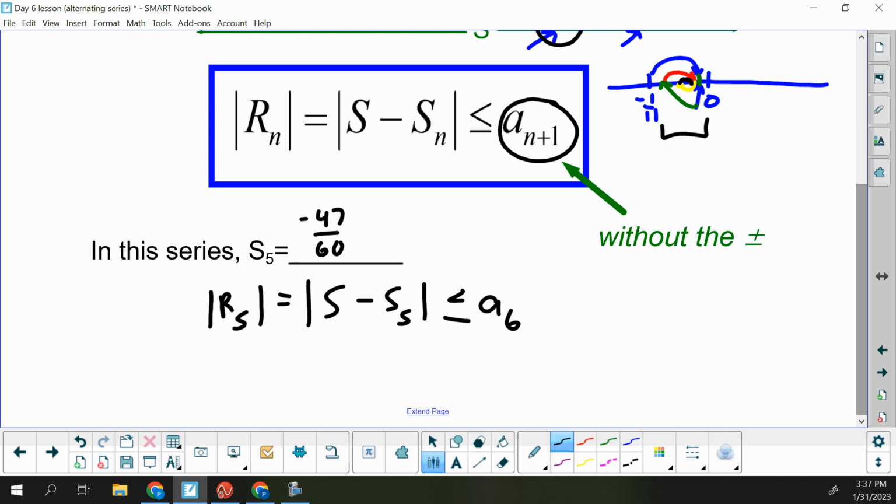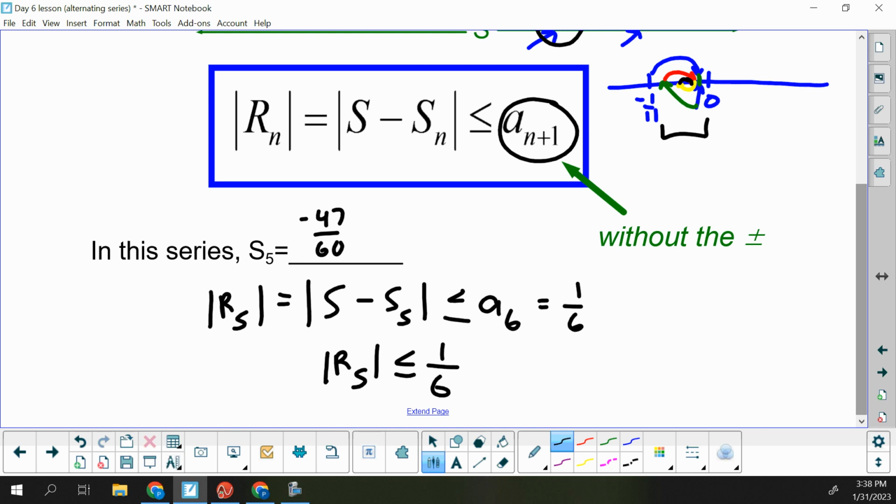And again, that's just the absolute value of it, without the minus. Well, our 6th term, because we had 1 over n, is just 1 over 6. So this is saying, basically, our remainder is guaranteed to be less than or equal to 1/6.